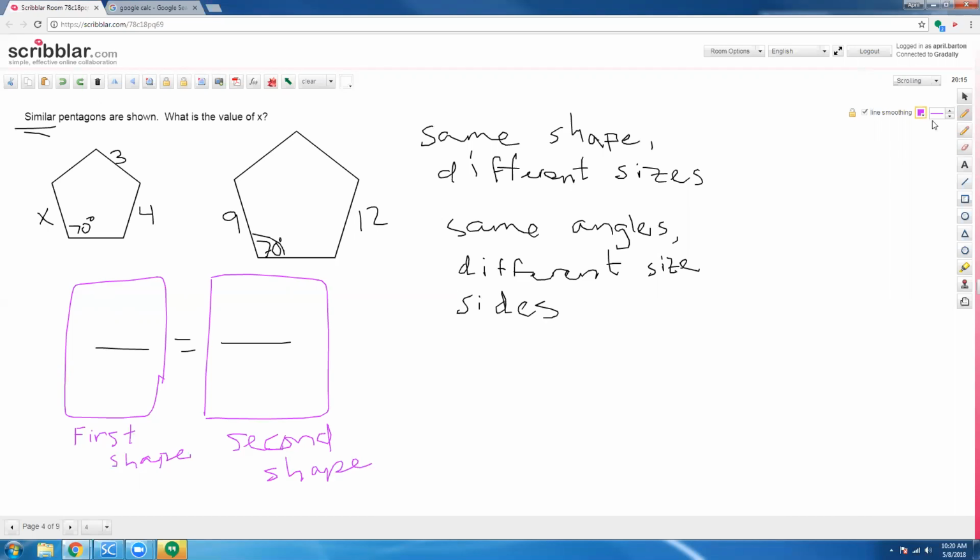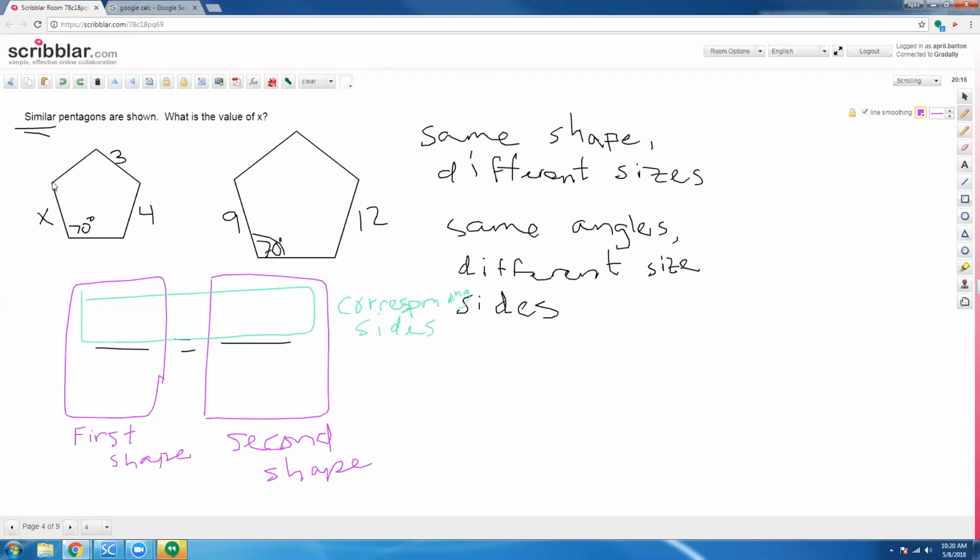But then you have to match corresponding pieces, top to top and bottom to bottom. We call it corresponding when it's in the same spot, but it's a different size.